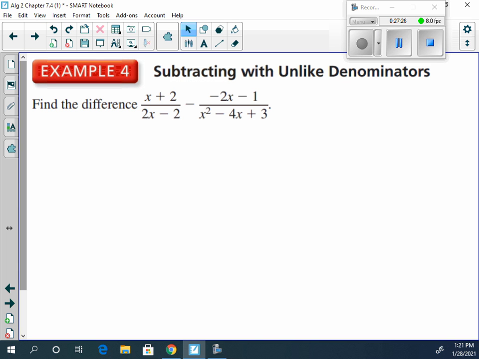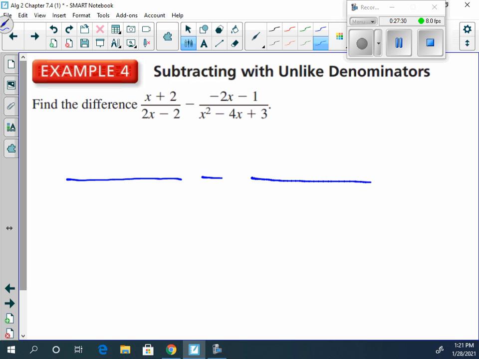Find the difference. We're going to find the difference of these two here. Now the numerator x plus 2 is not going to change.